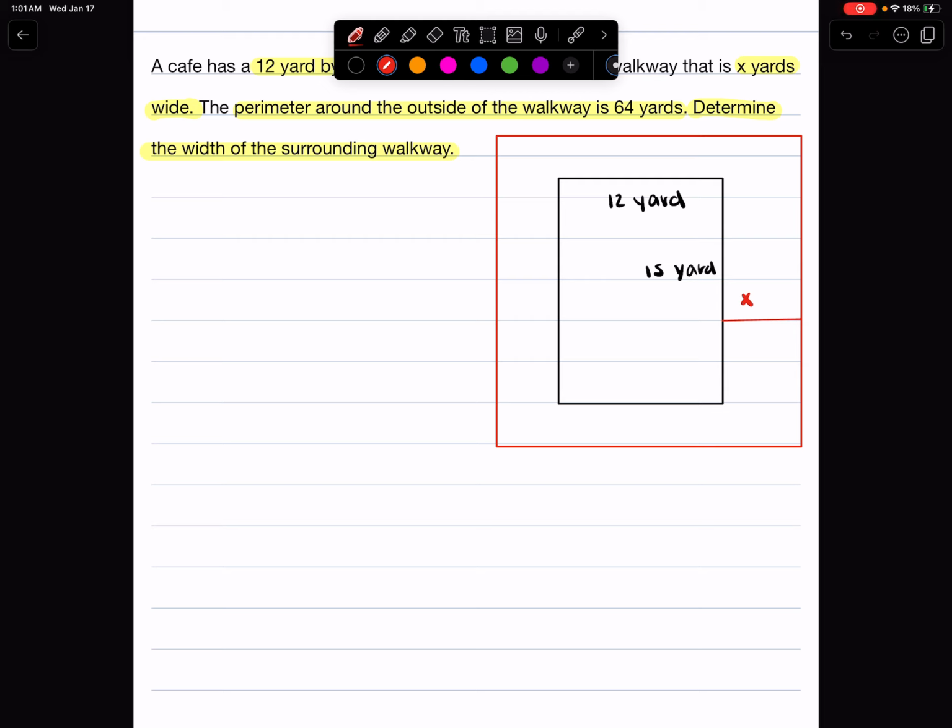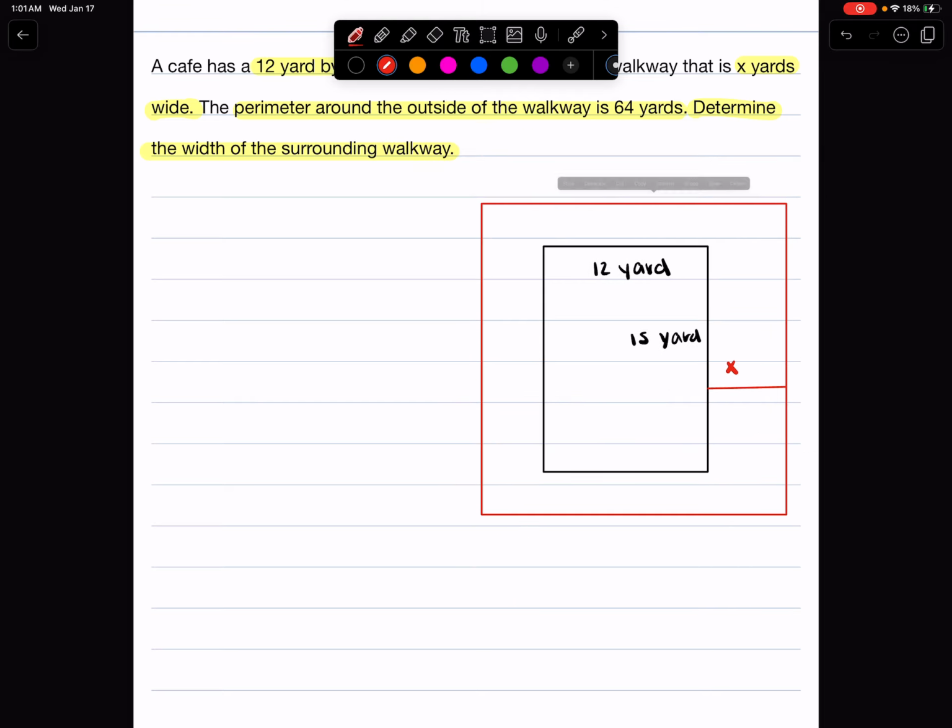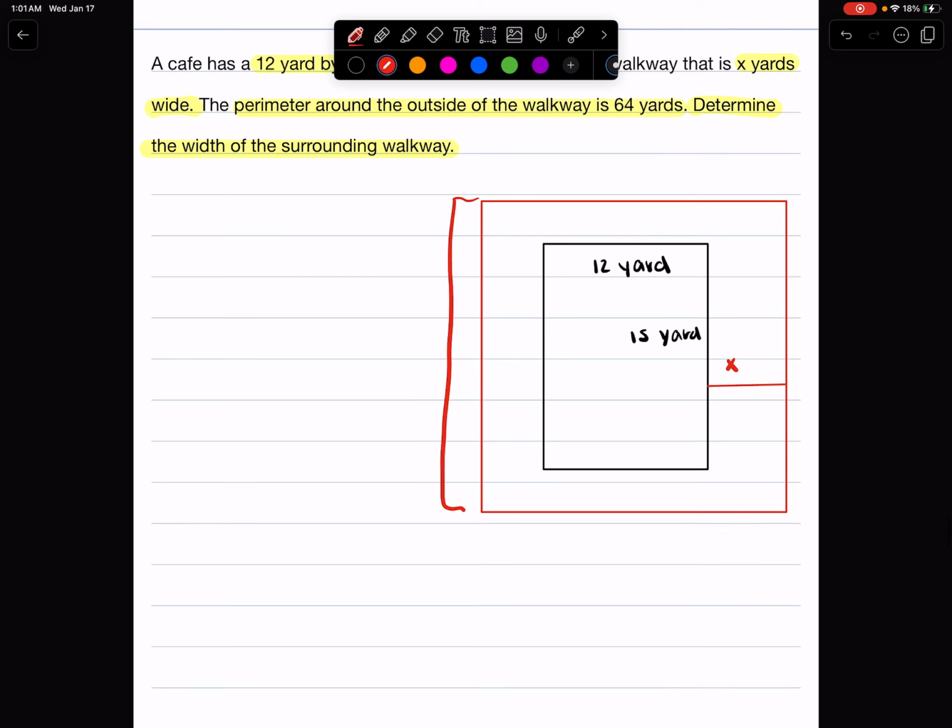Okay, what else do we know? We know that the perimeter is 64 yards, which means if I add up 2 times one of the sides plus 2 times the other, we'll get 64 yards. Well, how could I represent this length? Because we don't know anything about it, right? We do know that this right here is 12 yards.